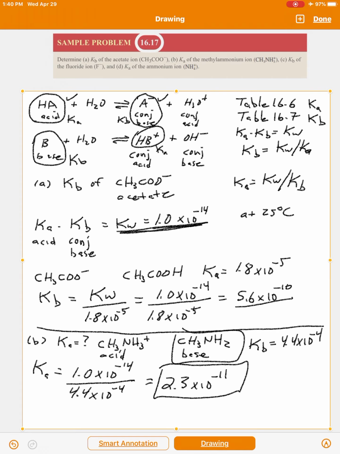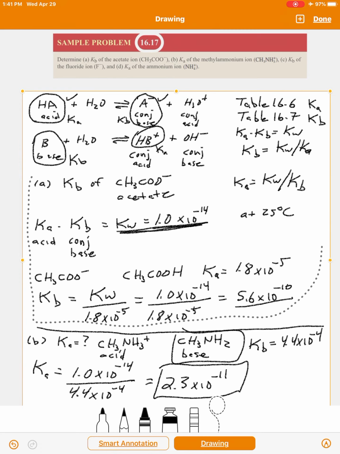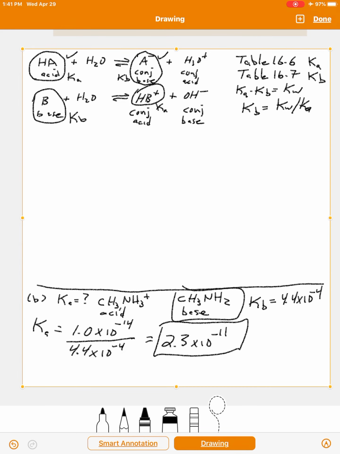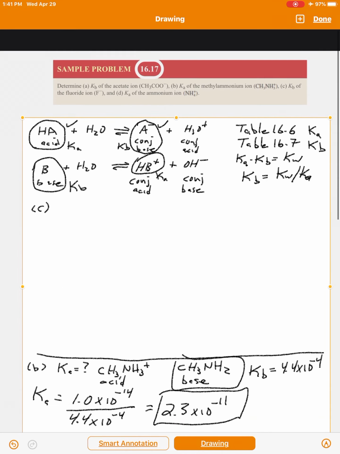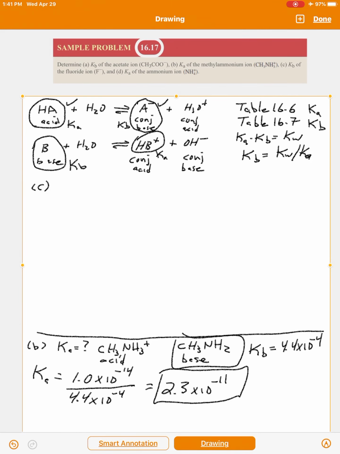Well, that's B. Let's try part C now. For part C, we want to find the Kb for the fluoride ion.